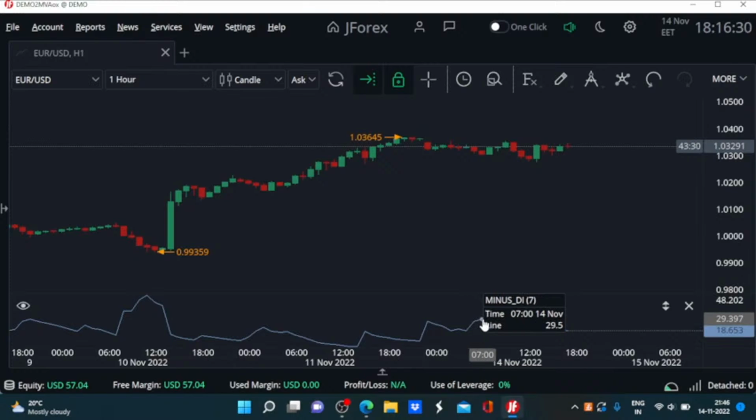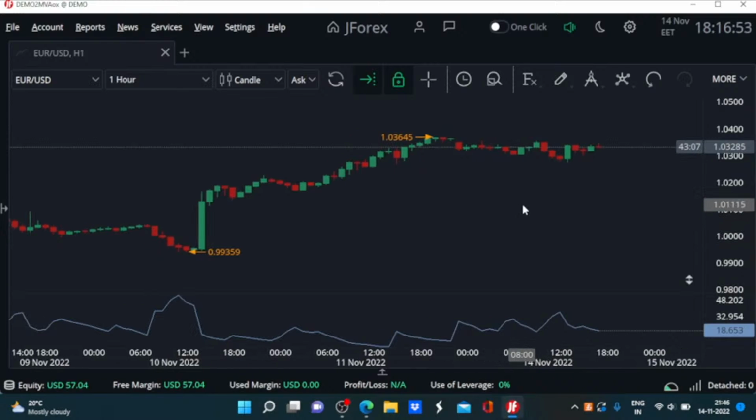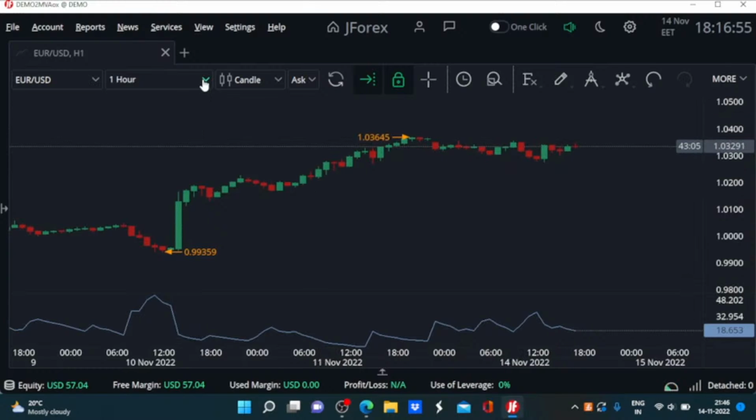So value dropped, again it gained some momentum, so it again rose. So this is going to happen if you use too low a calculation period. So you have to determine how much of a lag you can work with and how responsive these indicators should be. So that's the case with almost all other indicators also, so you have to be careful while determining the calculation period for these indicators.